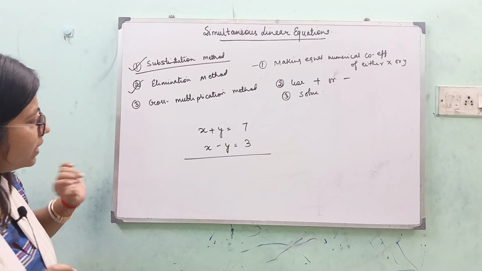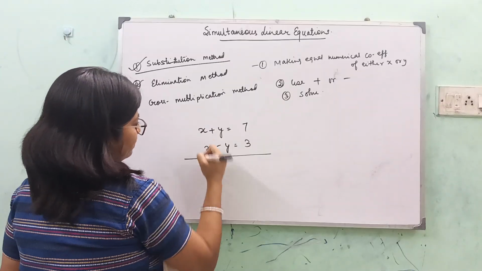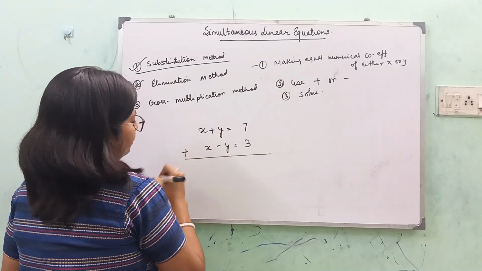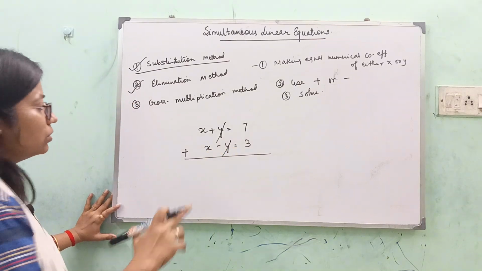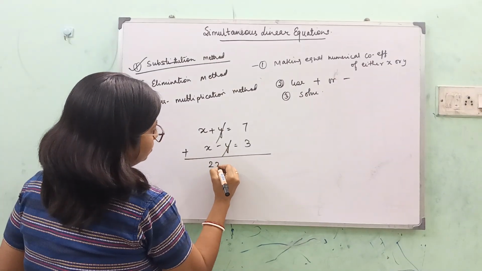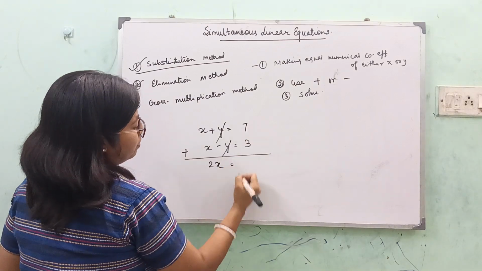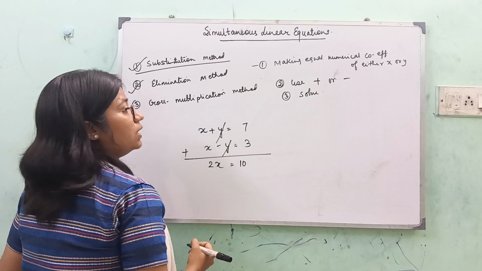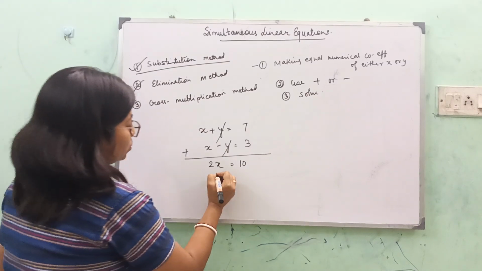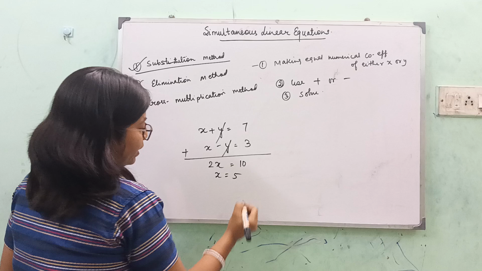So if I add the 2 equations, y and y, plus y minus y, becomes 0. So x plus x is 2x, 7 plus 3 is 10. So we have now reduced this to a linear equation in one variable. So x is equal to 5.